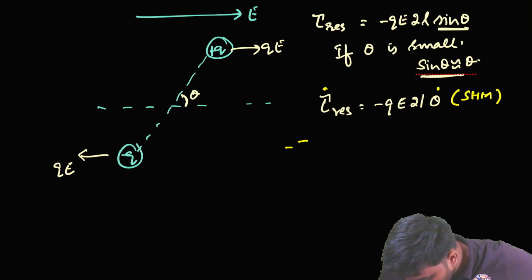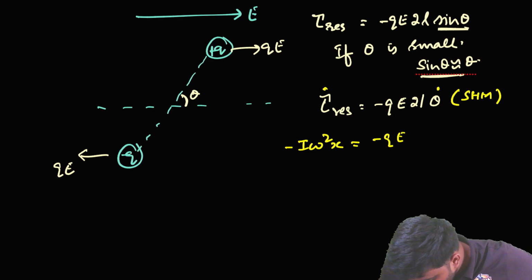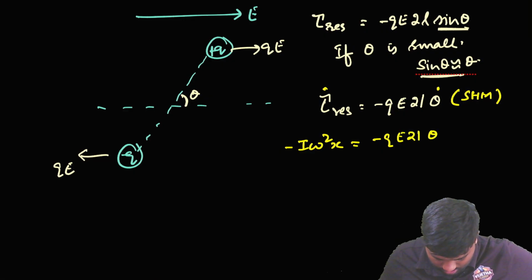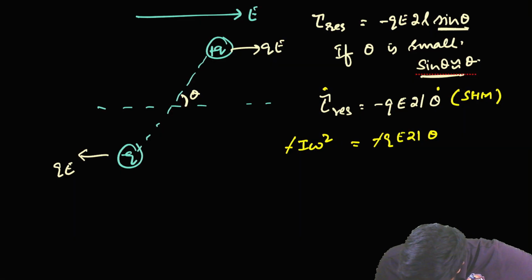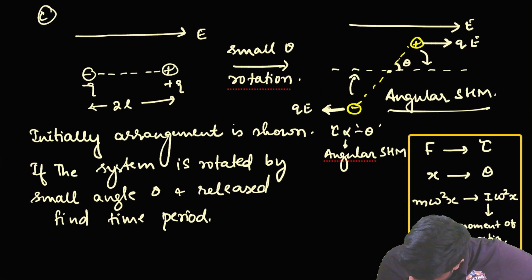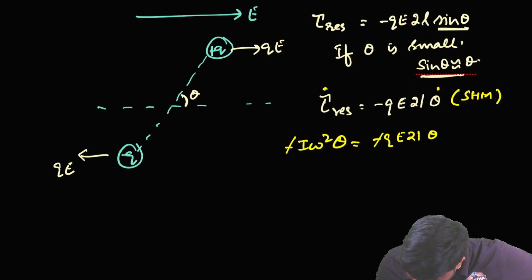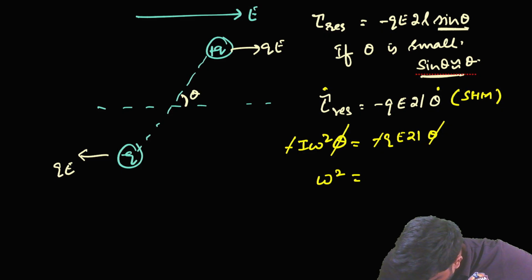That time I will use minus I omega square x is equal to minus QE 2L theta. Minus gets cancelled out. Here x is coming out to be theta, angular displacement. So theta gets cancelled. That means omega square is equal to QE 2L upon what?